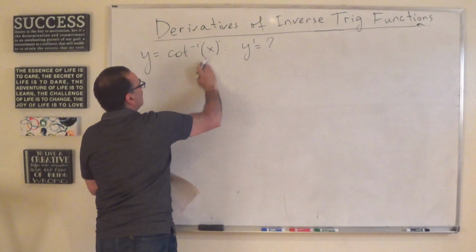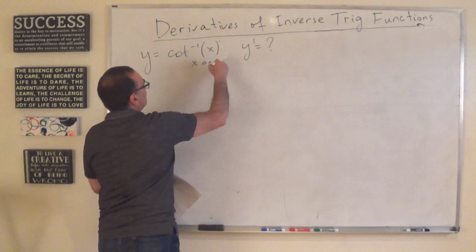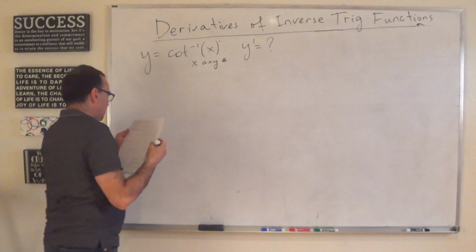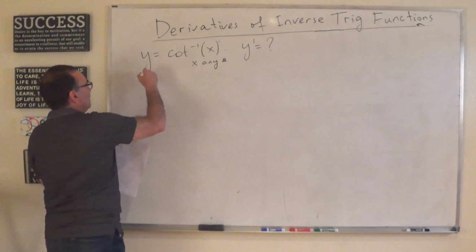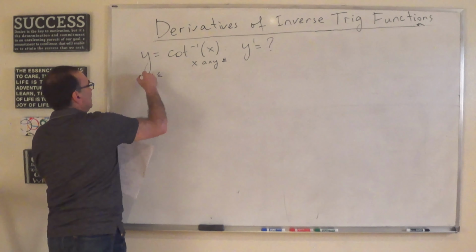X can be any number. And y can be between, for cotangent inverse, y can be between, cotangent is cosine over sine.